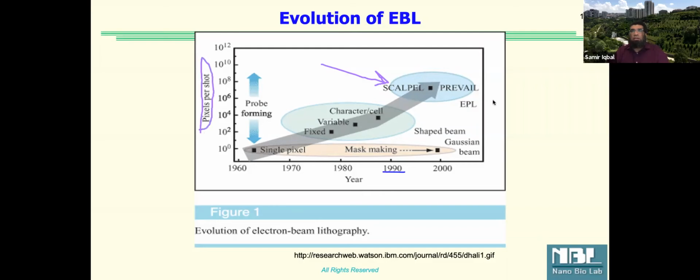Instead of writing just one line, we have techniques where we can write many lines now. We'll look at SCALPEL at least. Instead of using one beam, we are using a defocused beam and using a stencil kind of thing to still expose a bigger area with E-beam lithography.